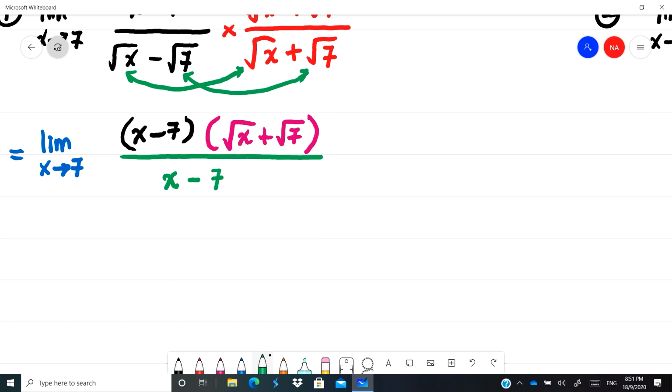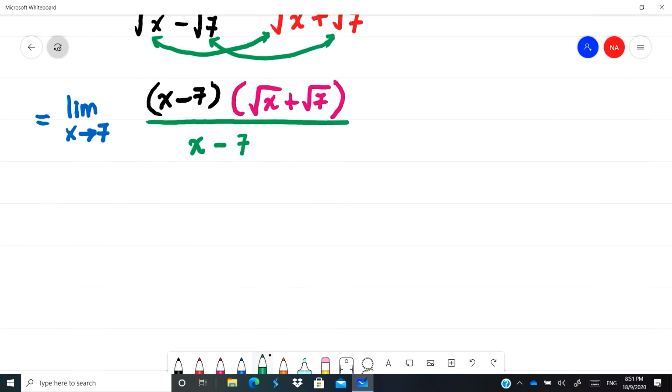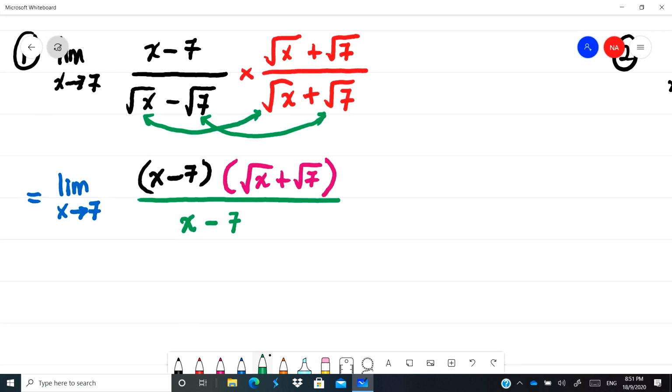So it will be x minus 7. If you are slow at this expansion, just do it step by step. But later on, when you do a lot of exercises, you'll see this idea.